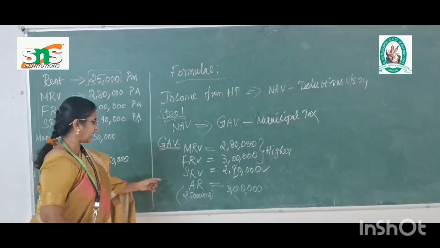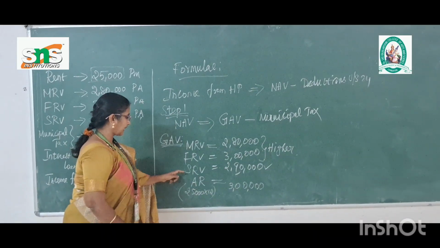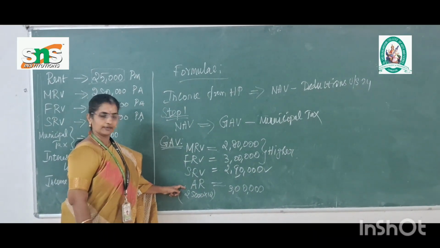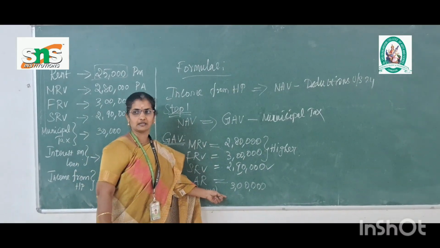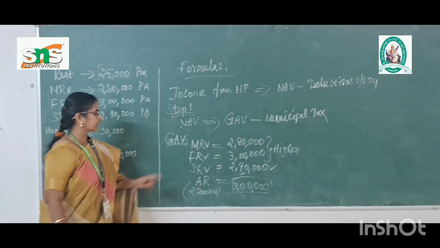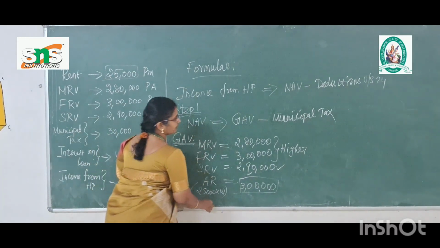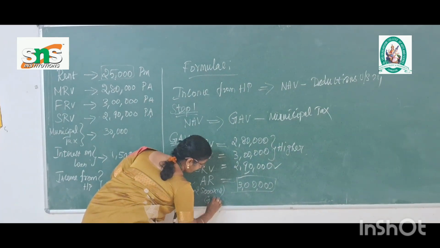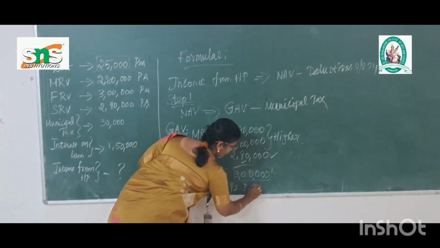So the actual rent received by the owner is 3 lakh. Now you have to compare the standard rent with the AR, that is actual rent, whichever is highest. The highest is 3 lakhs. So now the answer is GAV is equal to rupees 3 lakhs.